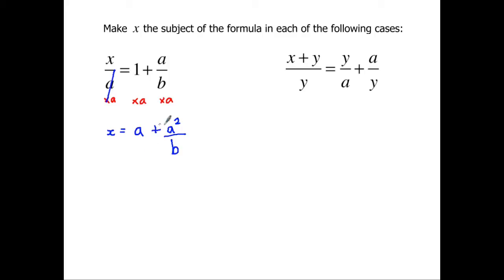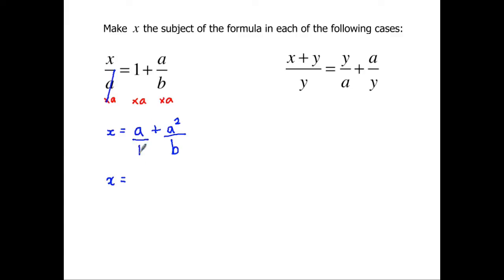You could merge these two to tidy them up, which I think we'll do now, just because it looks a bit better. So if we want to put these both over a common fraction, they'd need to go both over b. So to achieve that, I need to multiply the top and bottom of this fraction in effect by b.